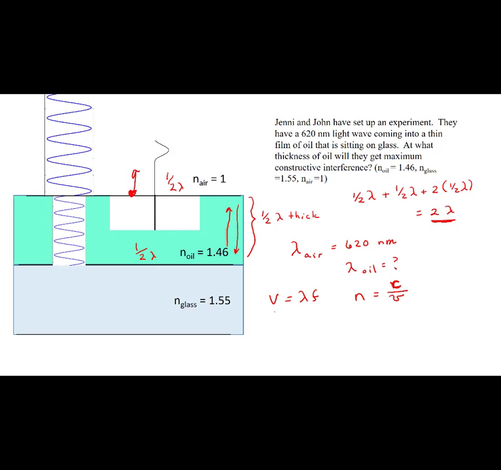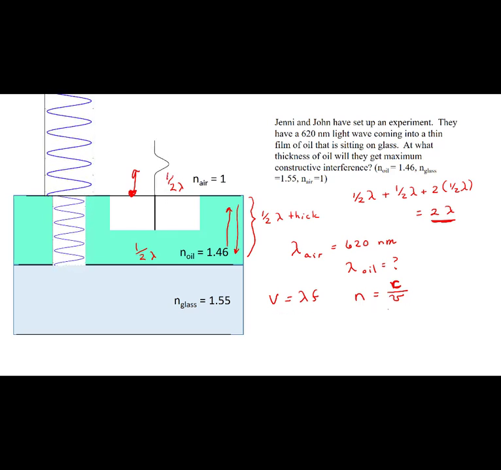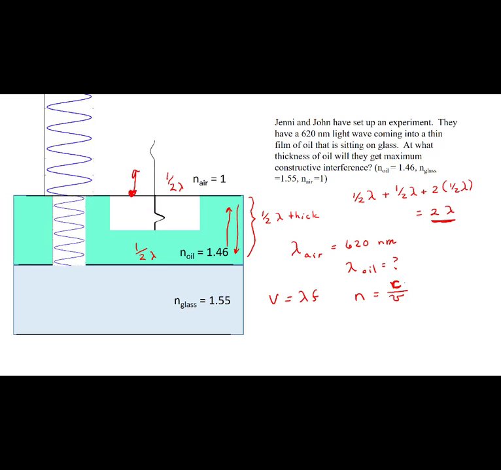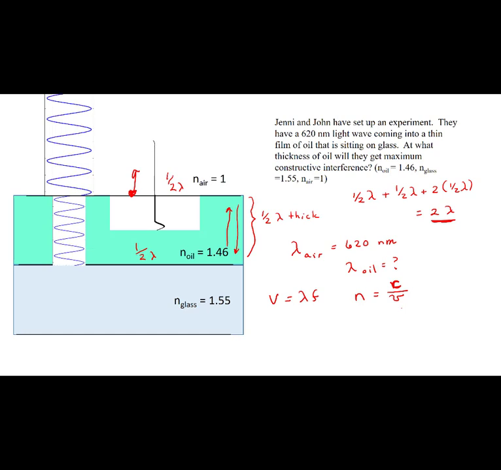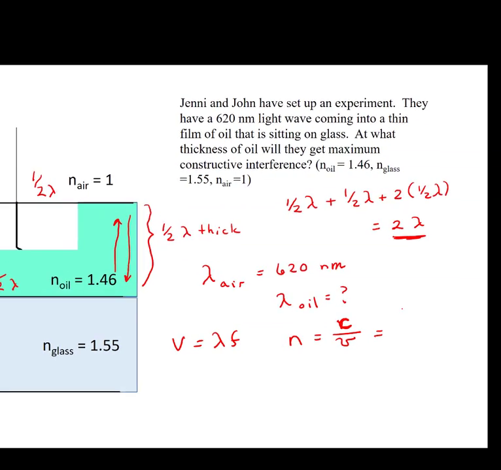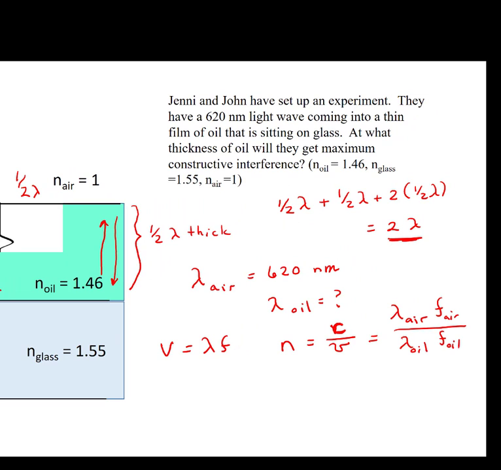We have our two old easy formulas: v equals lambda f, and n, the index of refraction, is equal to the speed of light in a vacuum over the speed of light in that medium. So we can do some substituting in here. c, the speed of light in a vacuum, or in air, is the wavelength of the light in air times the frequency of the light in air.